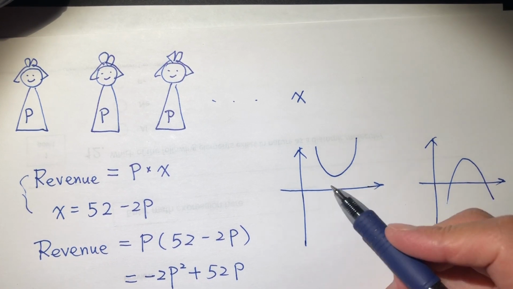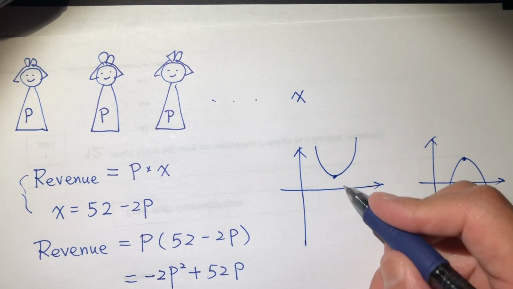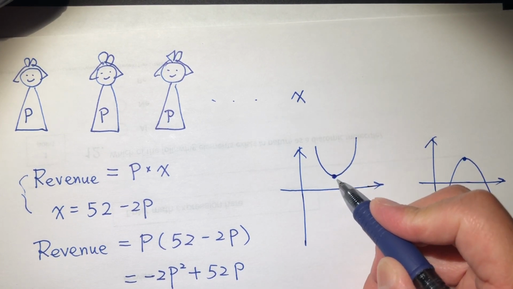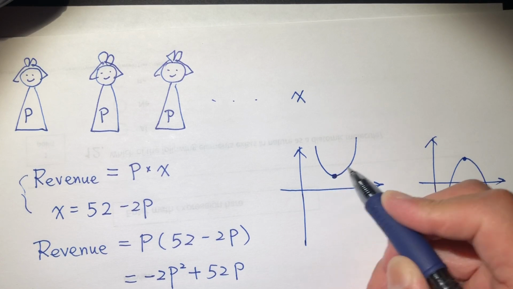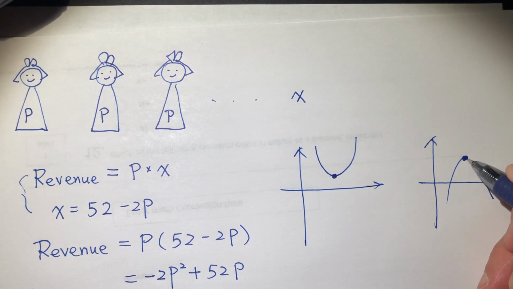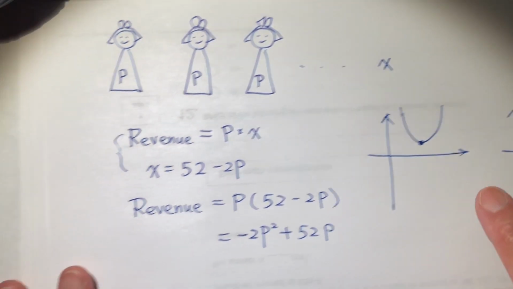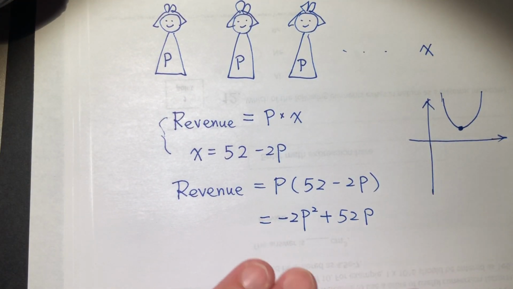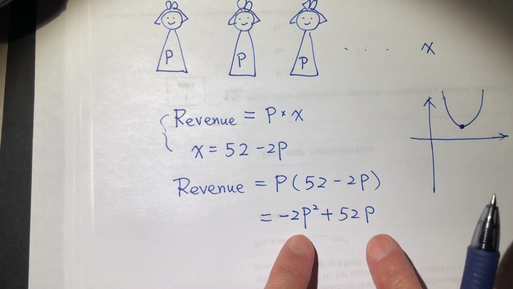What do we know about this shape? There is an extremity. It's either the smallest value, the lowest, or the maximum value, the highest. So there is a vertex. This question is asking us about the vertex, and we need to figure it out.